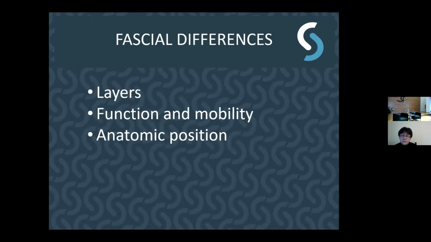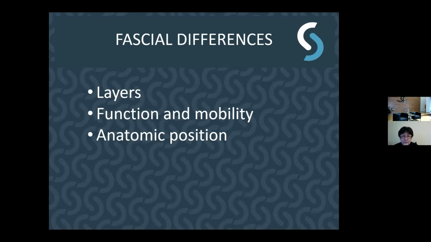Now, when we're thinking about the layers, depending on where you are, some of them are more mobile and less mobile. So when you look at the pectoral region, the pectoral fascial layers, there's two of them, have much more mobility than, for instance, the thoracolumbar fascia.